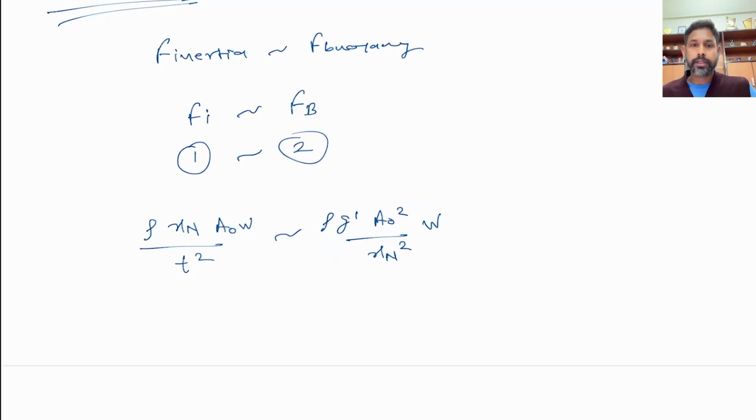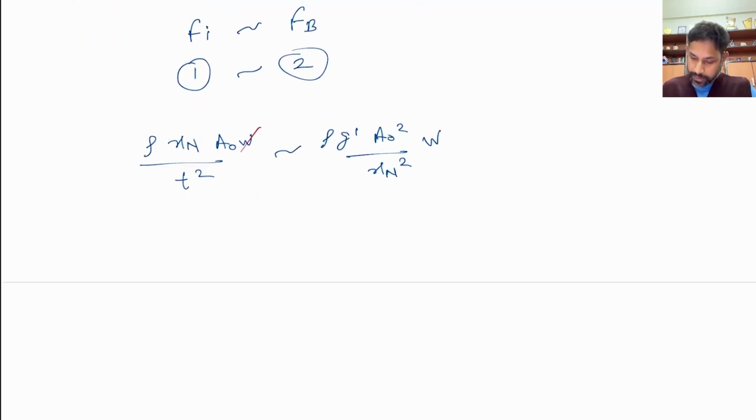All right, so this is what we have when we balance Fi with Fb. And what do we see here? There are some common terms which we may neglect. For instance, this w cancels with that w, and this rho cancels with that rho.